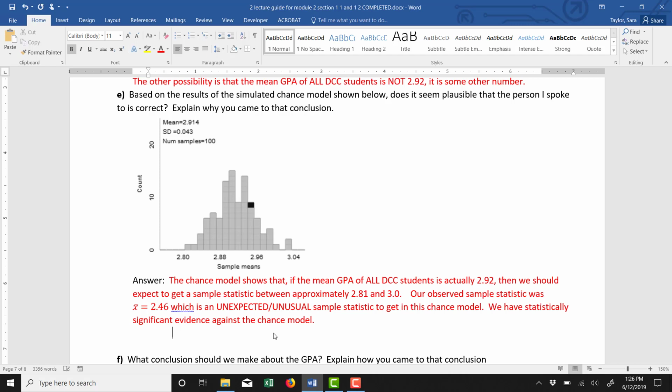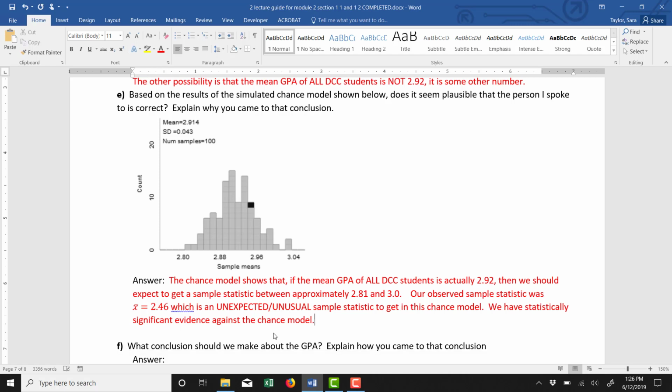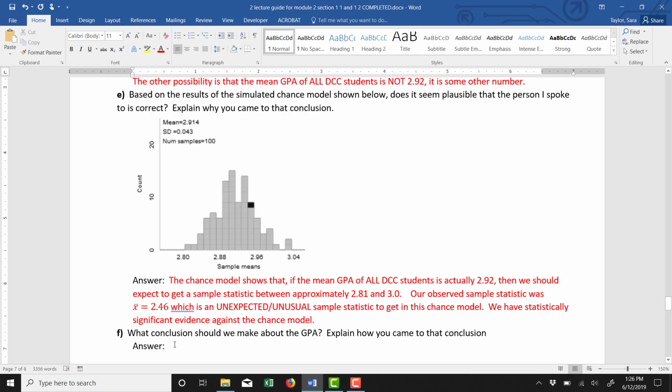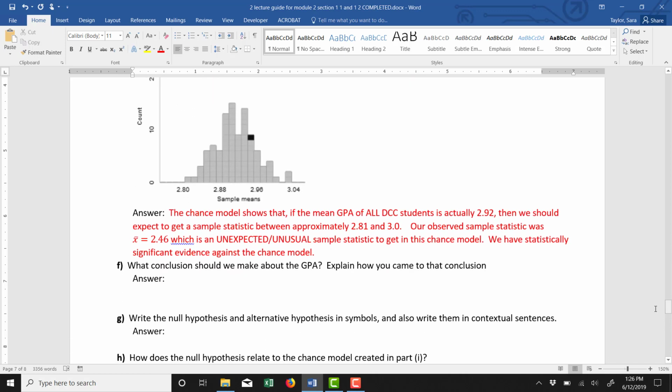If it had been 2.92, then we would have expected to get a sample statistic somewhere between 2.81 and 3.0. That's not what happened, so we have statistically significant evidence against the chance model. So what conclusion do we draw overall? We would say we have strong evidence that the mean GPA of all DCC students is not 2.92.